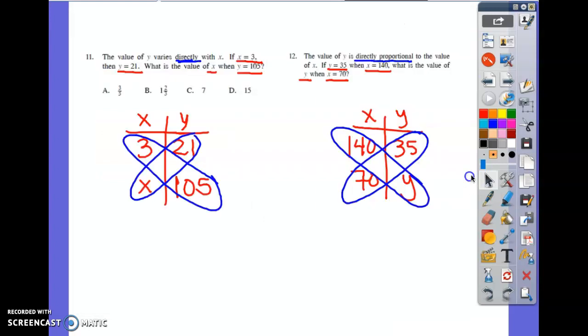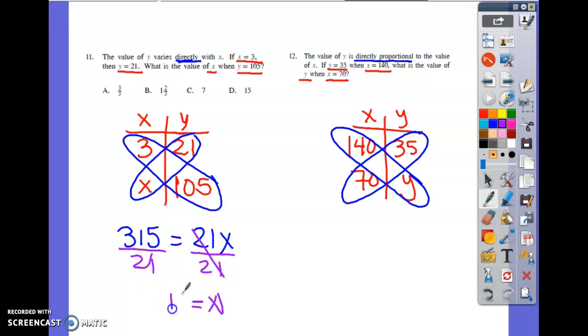Same thing with the other one. Because this is really what you're doing. You're multiplying these two. That gives you 315. You're multiplying these two. That gives you 21x. So you have to divide by 21 on both sides. That's really what we're doing. Because we're solving for x. So x equals 15.